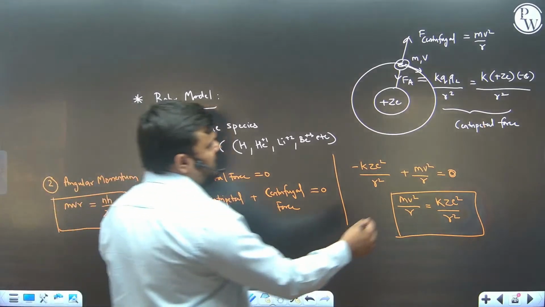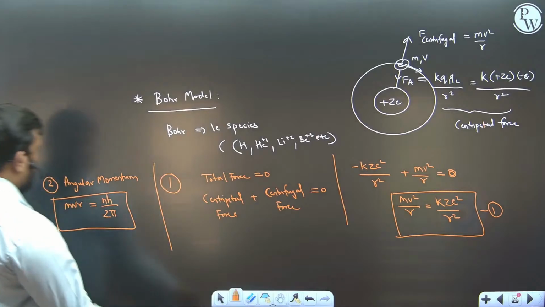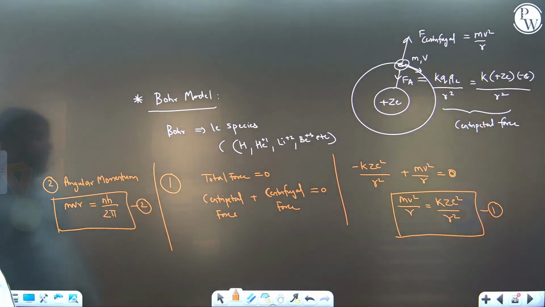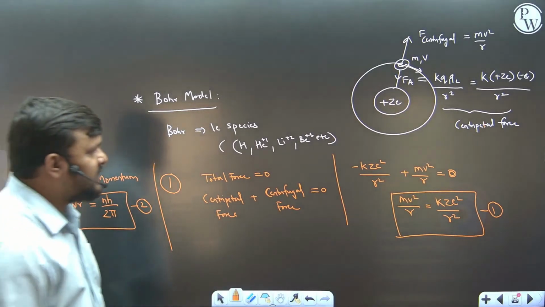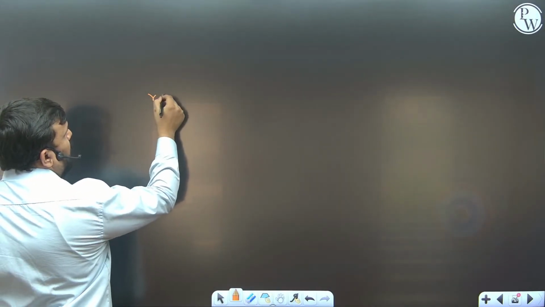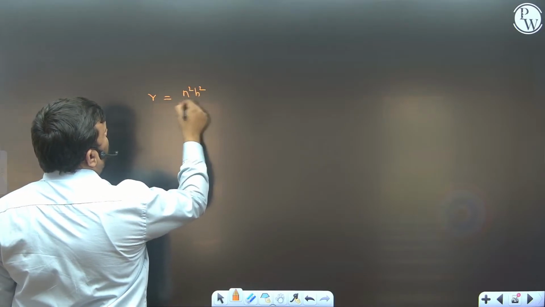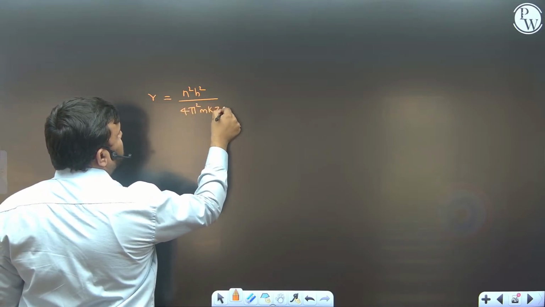First equation is mv²/r is equal to kZe²/r², and the second equation mvr is equal to nh upon 2π. Now we are having two equations, two variables, and you can calculate the radius and velocity value. So by having mathematics over here, calculating, we got the radius equation r is equal to n²h² upon 4π²mkZe².